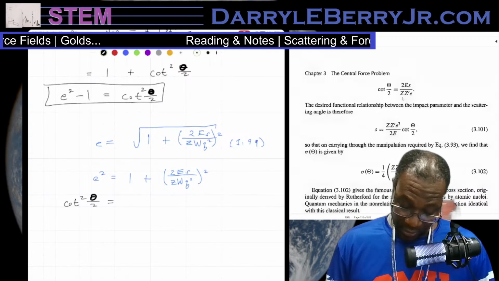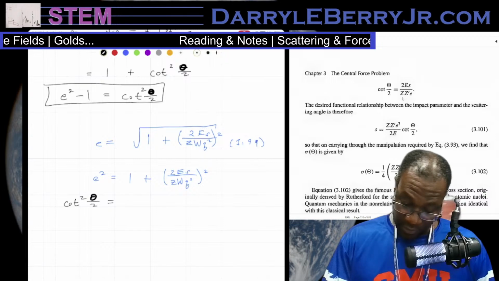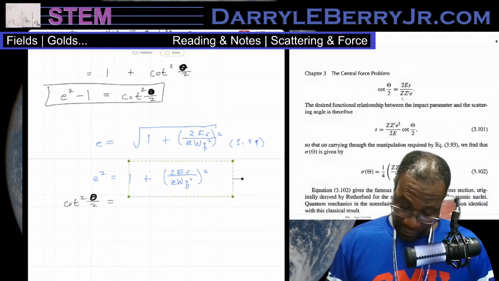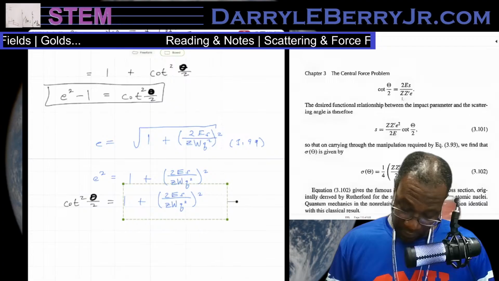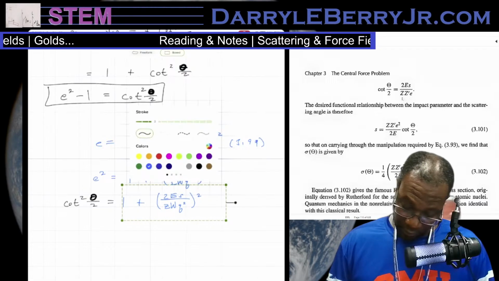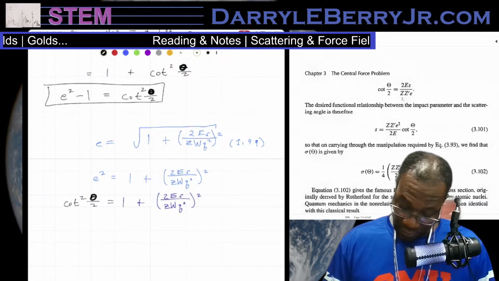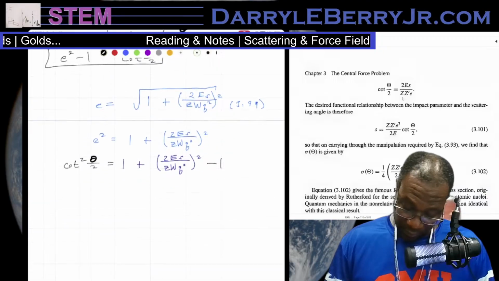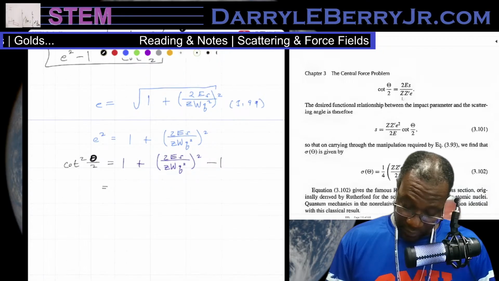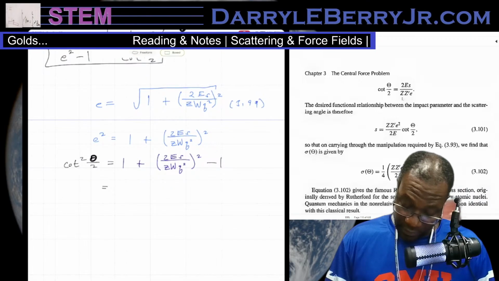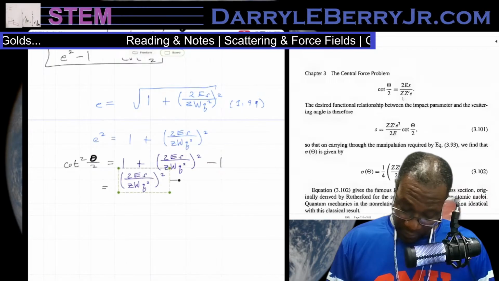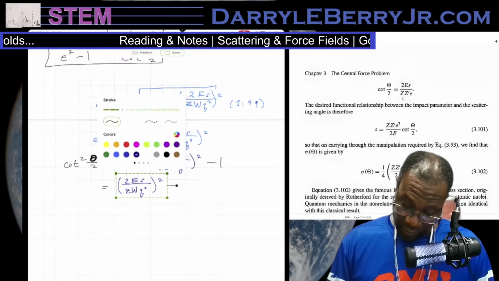So cotangent squared equals this minus 1. So it equals this. The 1s cancel.